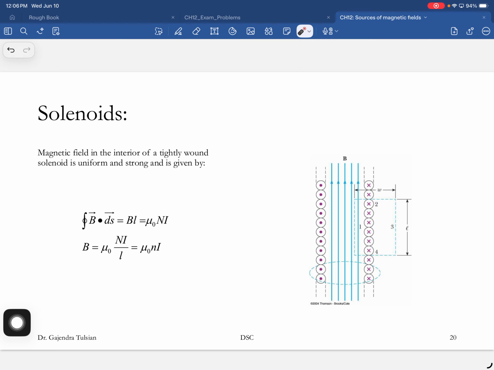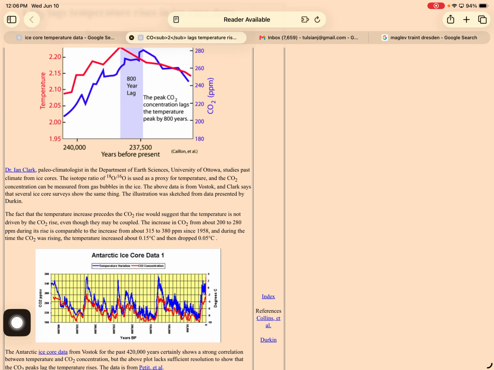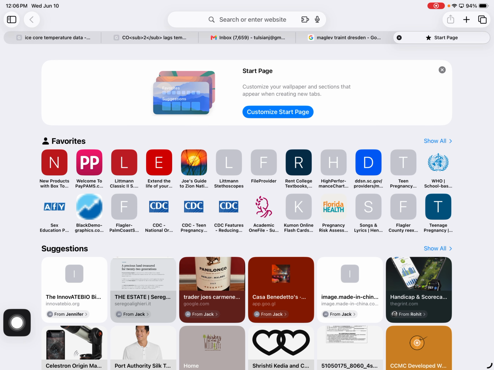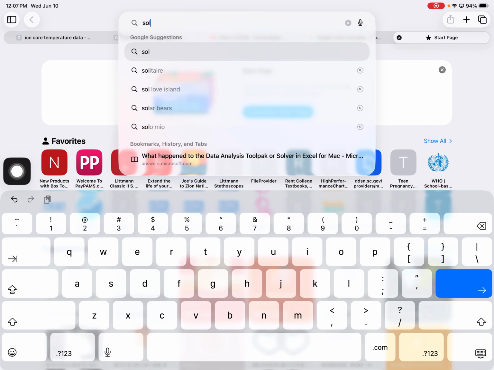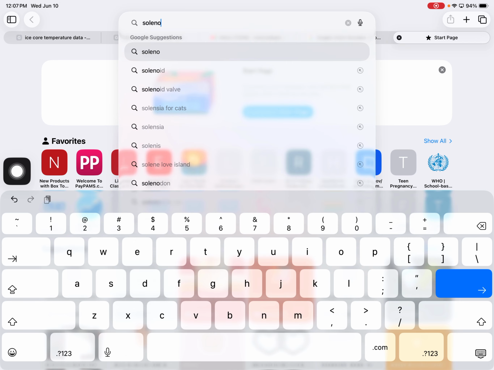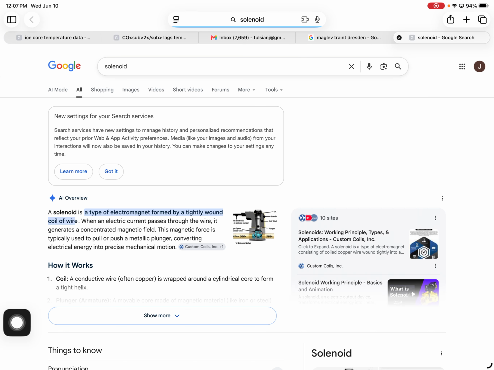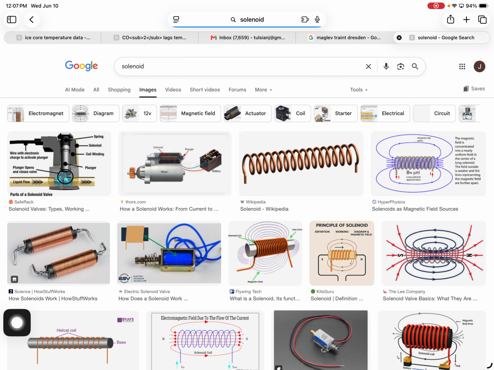Okay. This is a solenoid. You take a cylinder and wrap it in wires. Here, so this is a solenoid.